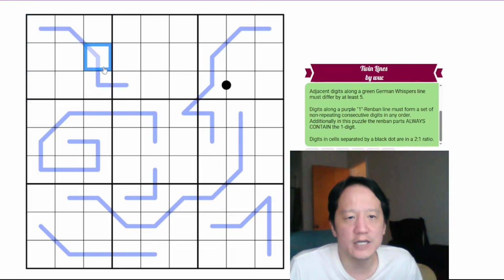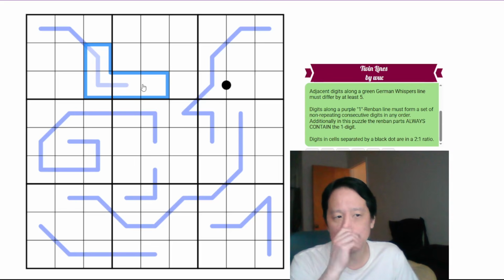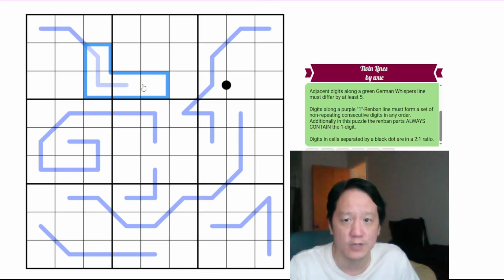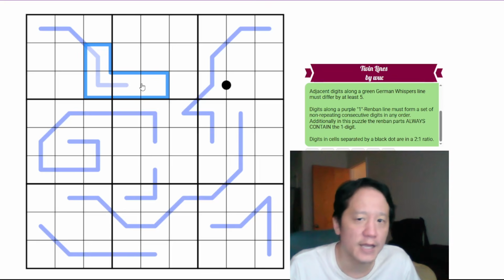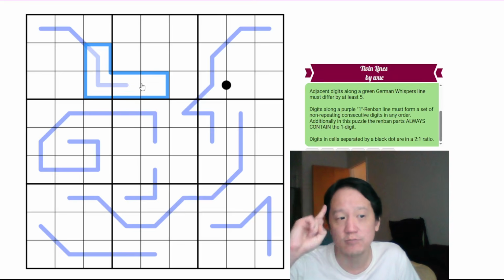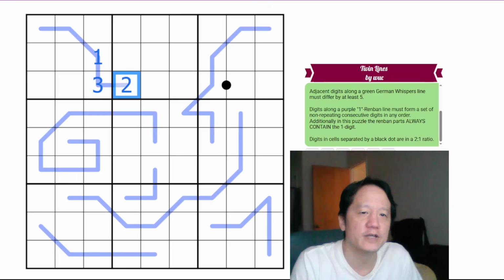So, along each line, half of it is going to be a renban line. The other half is going to be a whisper 5 / German whisper line. And the renban portion always contains a 1. So you could have something like this being 1, 3, and 2, and then you have 1, 8, and 2 there.